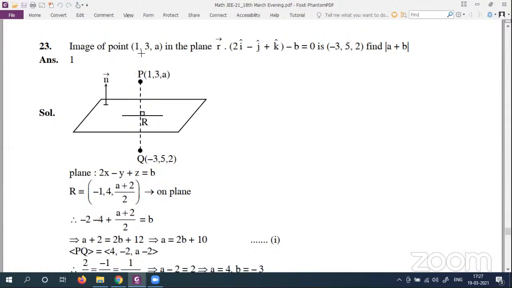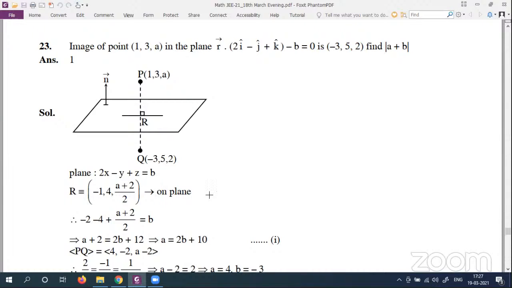Next, the image of this point in this plane is given. So we need to find the values of A and B. So apply the formula for finding the image.